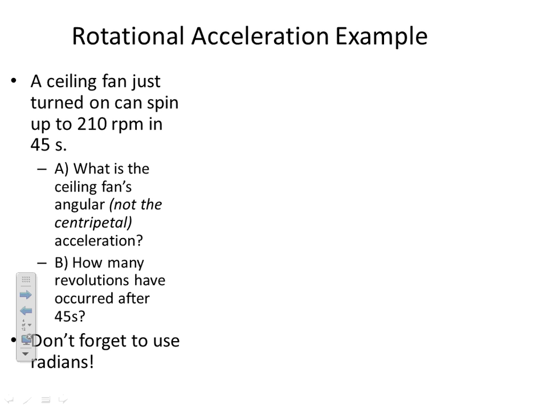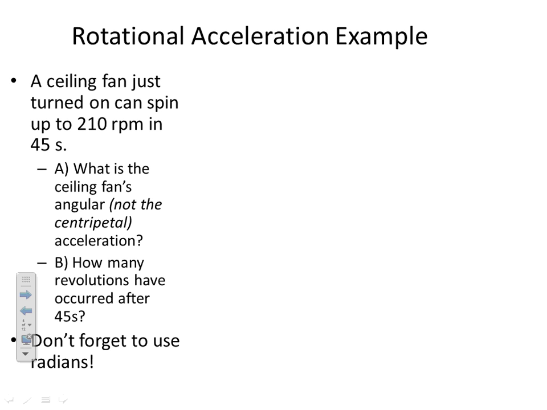You say, oh, but Fair, it asks about it in terms of revolutions. Right, I know, but in order to use some of these equations, we got to make sure we're using the right units. Okay, so anywho, we have the time is 45 seconds. So I've got my initial, my final, and my time. And we're looking for the angular acceleration. That's going to be the alpha.